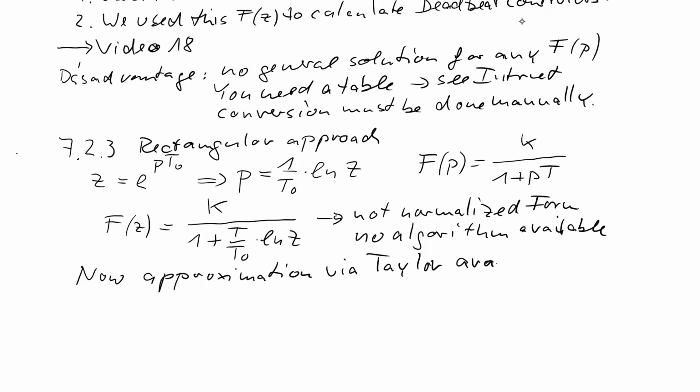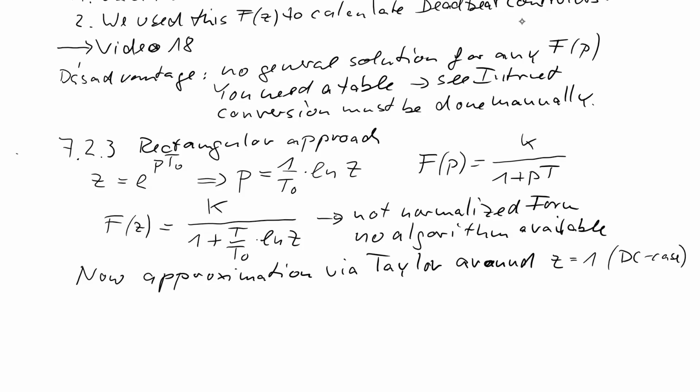Now the question is, where is a good development point of a Taylor series? Working point, equilibrium point, or what you want to call it. In digital filter theory, we select the DC point around z is 1. That is the DC case.